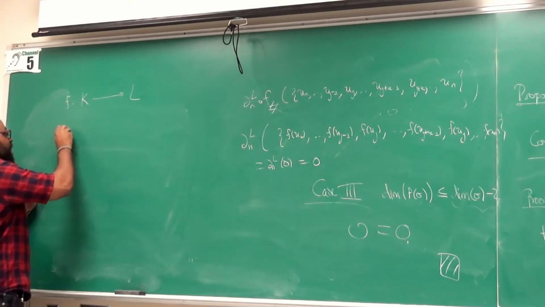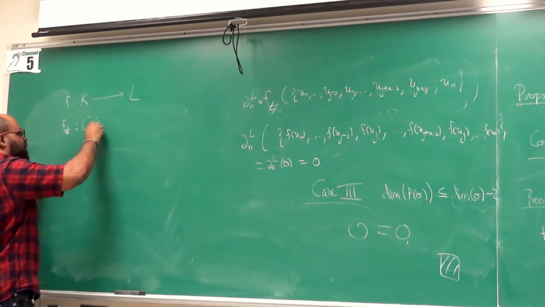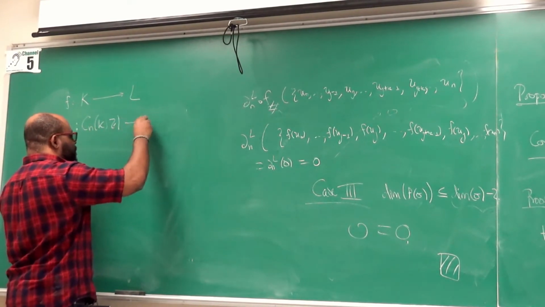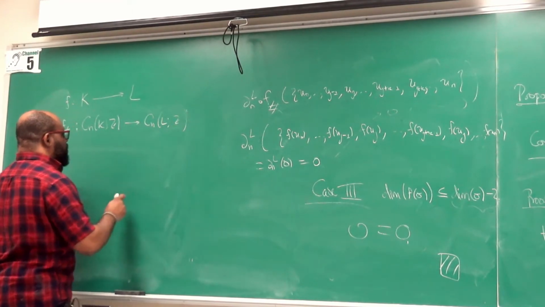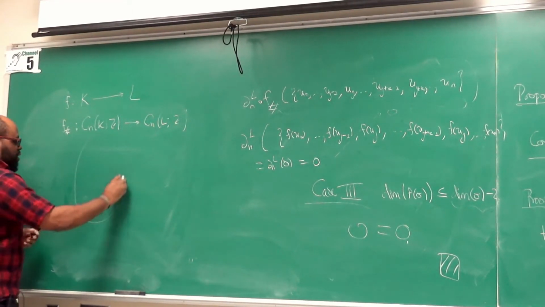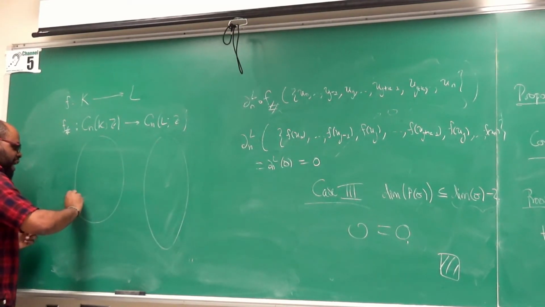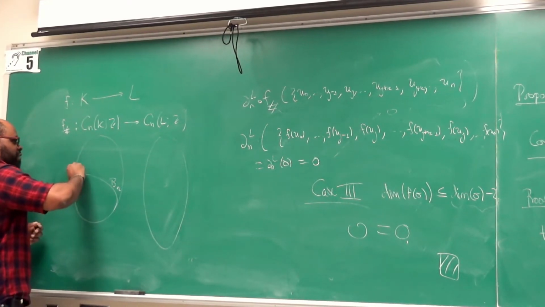Then we created from that this family of sharps that go from the level of chains to the level of chains, but now in L. And if you draw a picture of what this looks like, here you have the boundaries, and here you have the cycles.